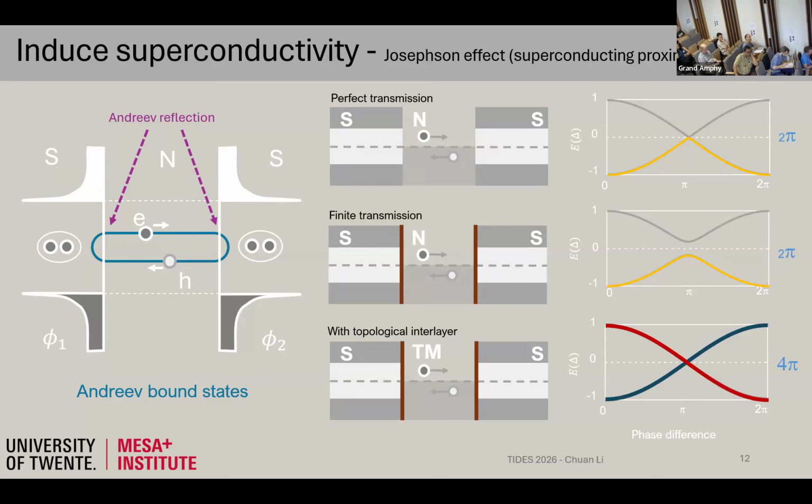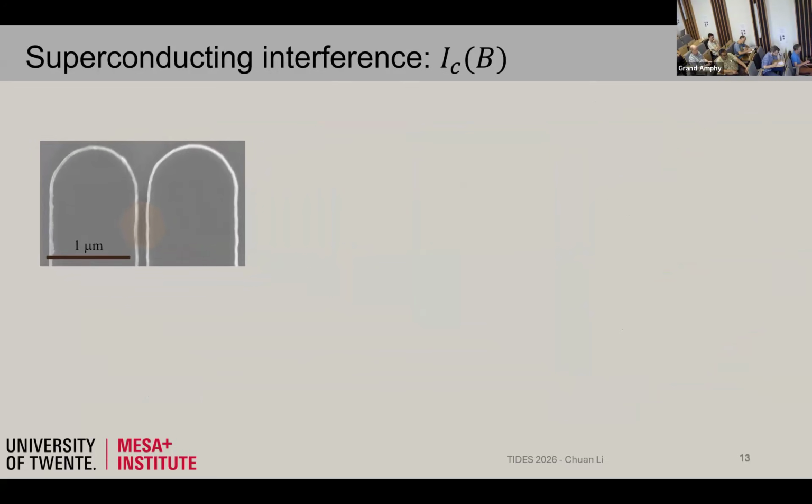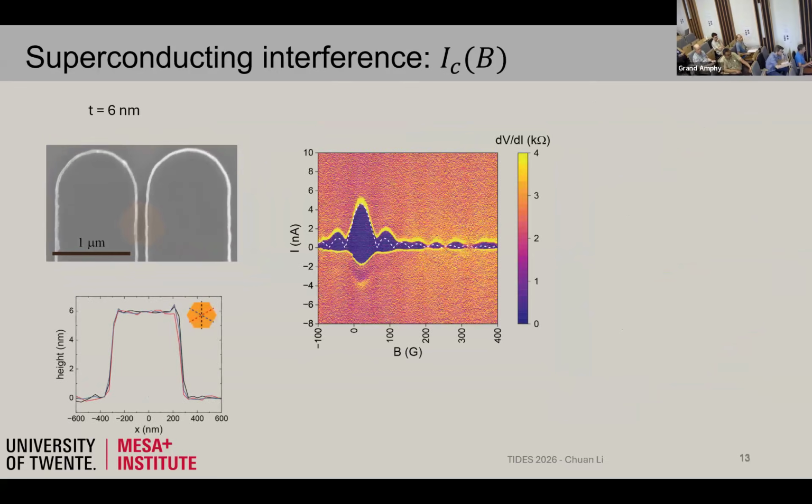So normally you will have a 2π periodicity of your supercurrent, but once you have these topological states protected by the parity, they tend to have a larger period that becomes 4π, and also related to this effective half fermion charge. So there's a way to detect this effect. I will come to this later, but first let's take a look at this field dependence measurement.